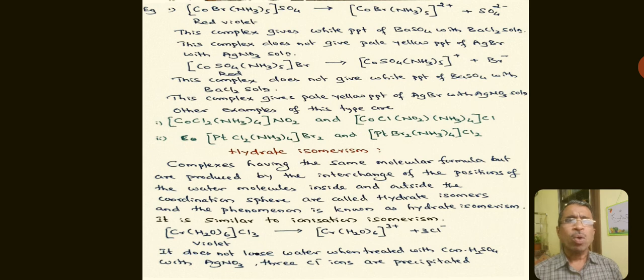It means concentrated sulfuric acid absorbs the water which is present outside the coordination sphere, and this water is also called water of hydration. However, concentrated sulfuric acid cannot take the water molecule that is attached to the central metal ion, also called coordinated water.